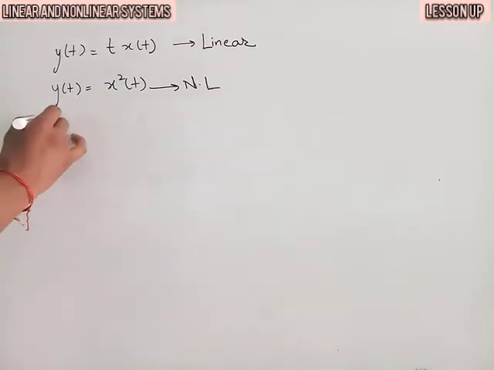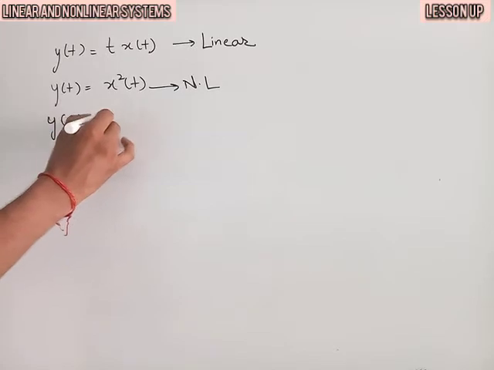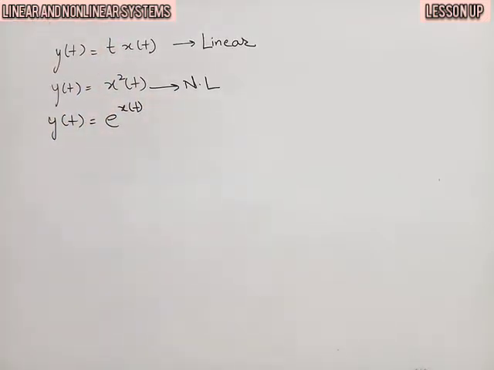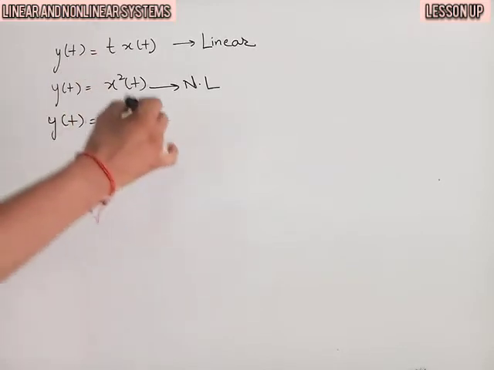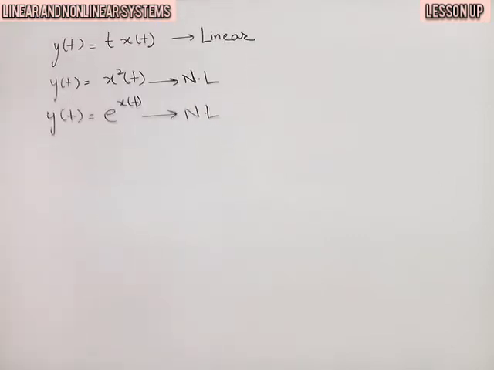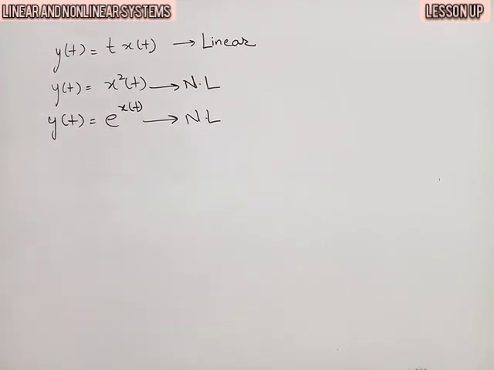Third, y of t is equal to e to the power x of t. The exponential term always gives you a non-linear system. If the output is an exponential function of the input, then it should be non-linear.